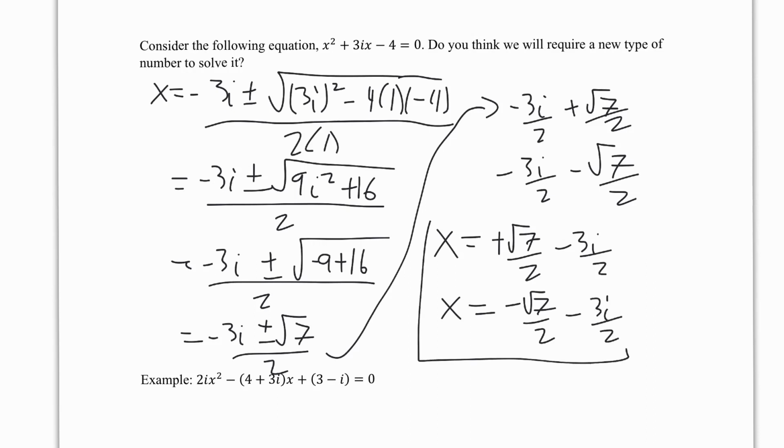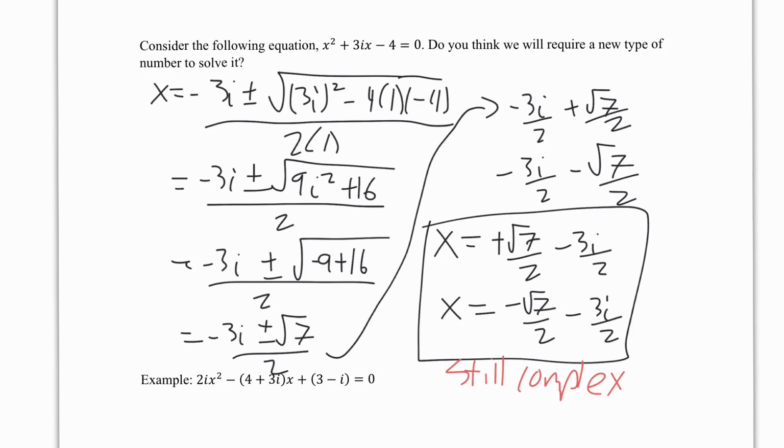And notice, we found our solutions, and they are still complex. In fact, this is a wonderful result. We started with an equation involving complex numbers. We solve it, and we still have only a complex number. Now, it's complex, that's definitely challenging, but we didn't need a new number.